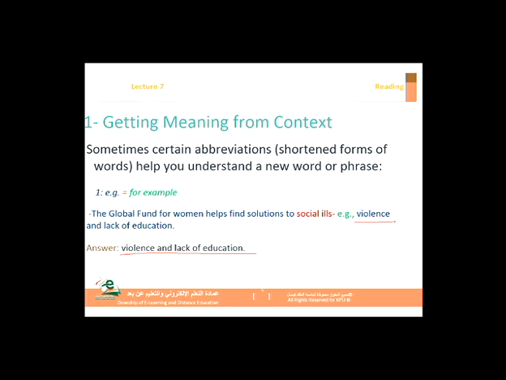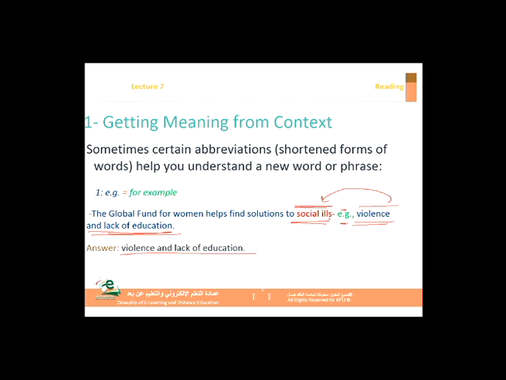As you can see, it's taken from the parts following, for example. So that is clue number 1. By looking at the examples, you can tell what is meant by that word. So the examples tell you something about the meaning of this word, or whatever word comes before, for example.